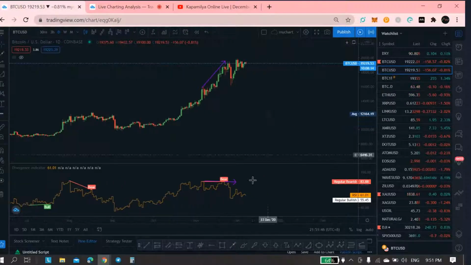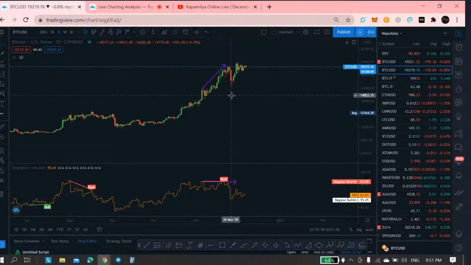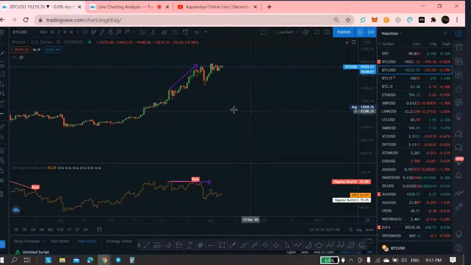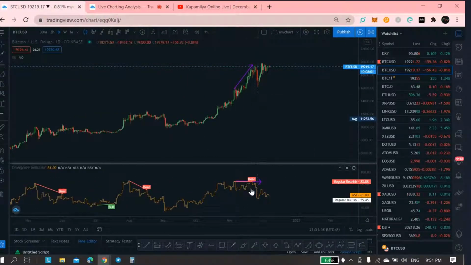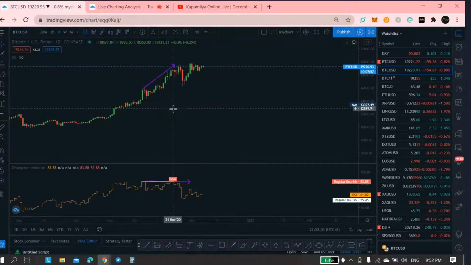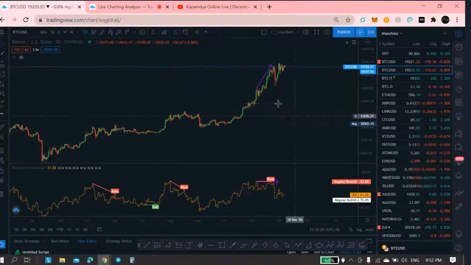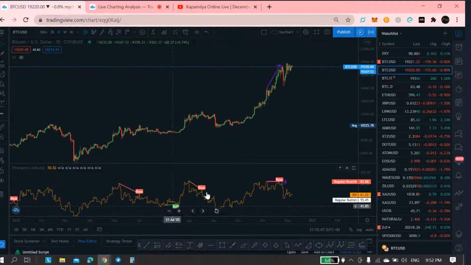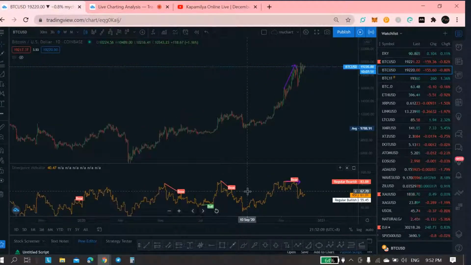However, since it's a bearish divergence, expect a possible correction, or possibly it will go down. That's the time that you will sell or go short. So that's how you use this bearish divergence.